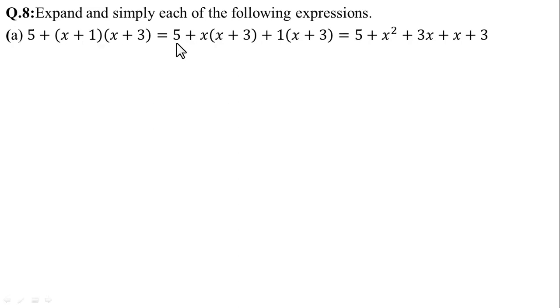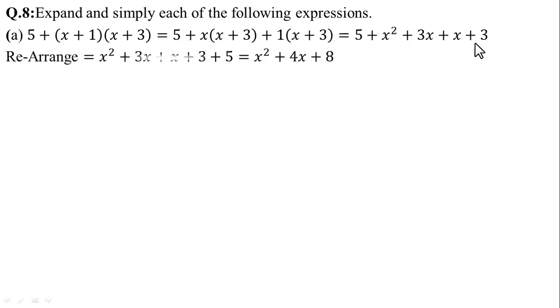So we can write 5 + x square + 3x + x + 3.